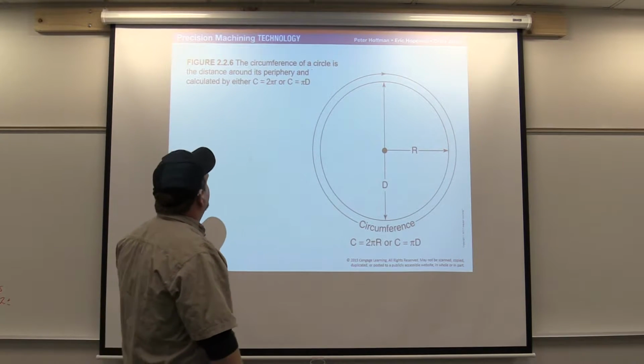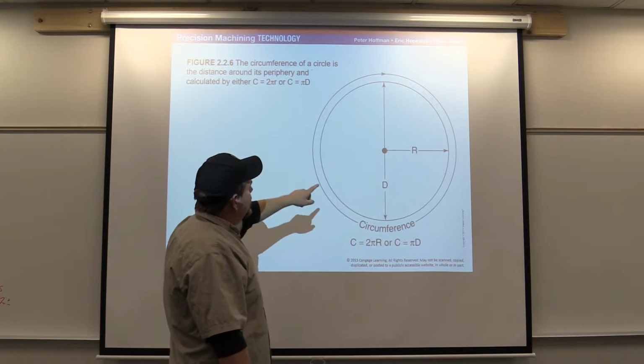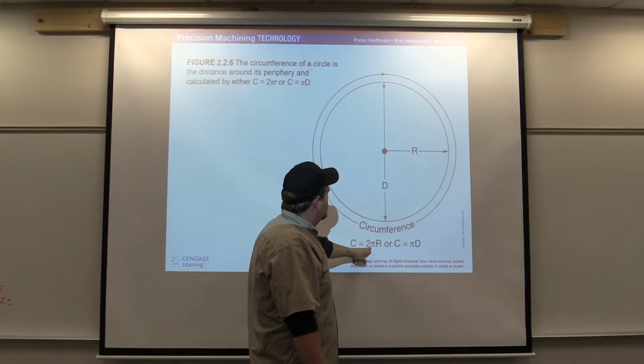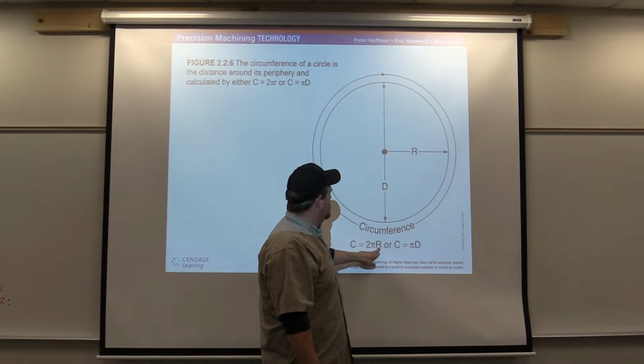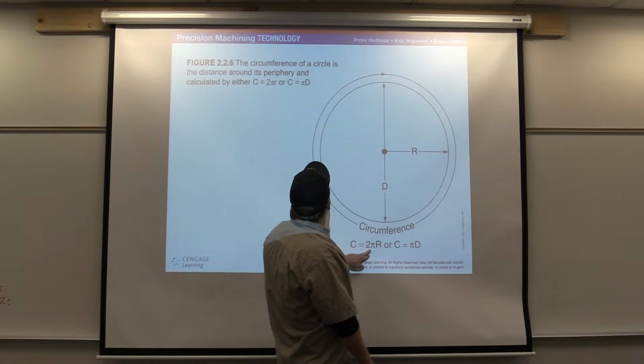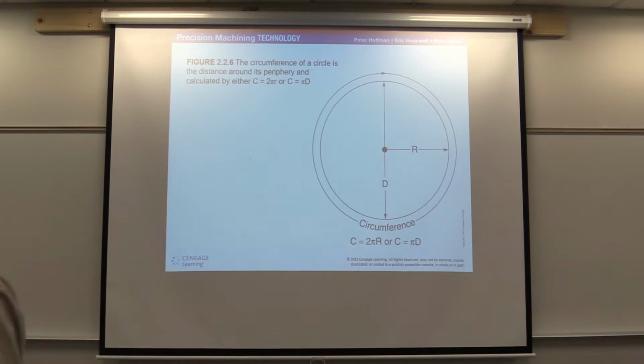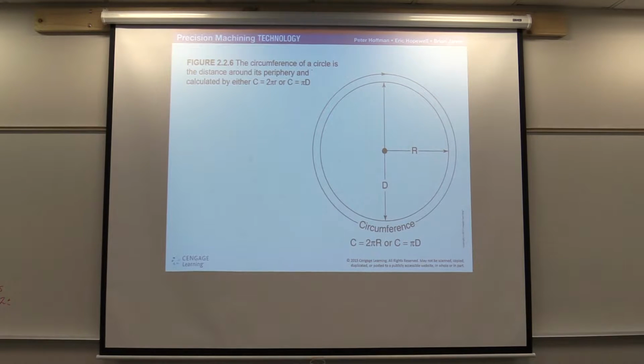Circumference is the outside diameter. It can be calculated by, if you were to know your radius, 2 times pi times radius, sorry. So when we look at pi, there's a button on your calculator which you can use, and it will give you a much more accurate reading than just doing the traditional 3.14.